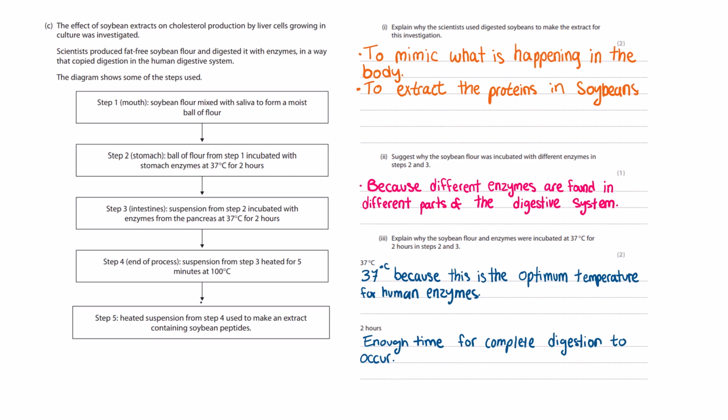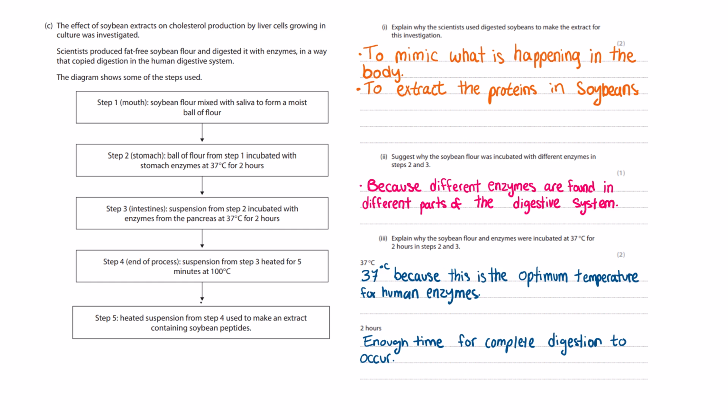Okay, so the effect of soybean extracts on cholesterol production by liver cells growing in culture was investigated. Scientists produced fat-free soybean flour and digested it with enzymes in a way that copied digestion in the human digestive system. The diagram shows some of the steps used. We have step 1, where's the mouth.